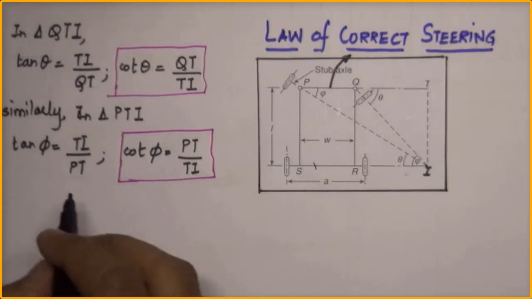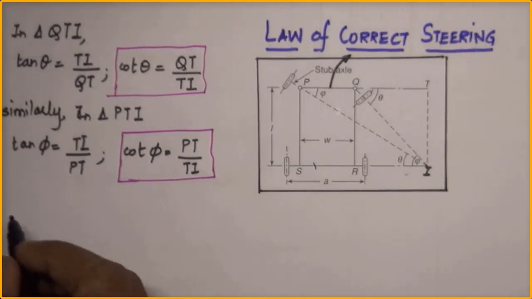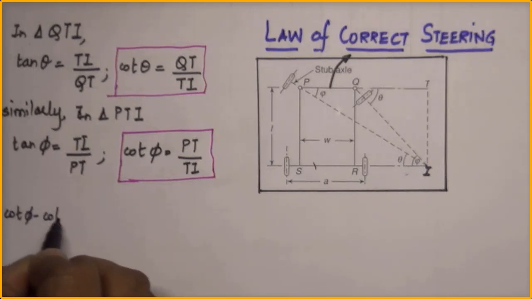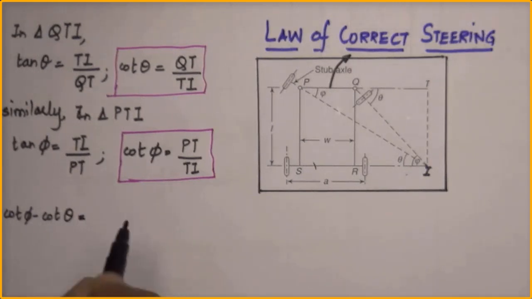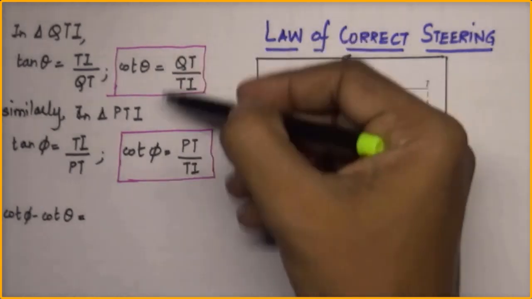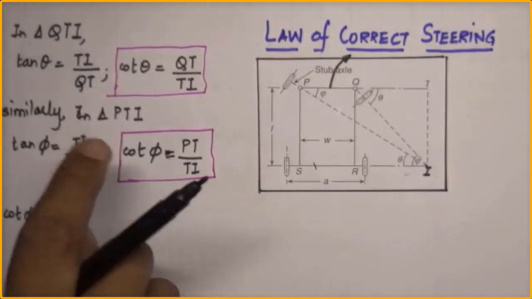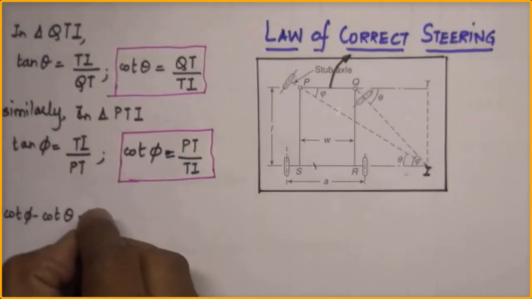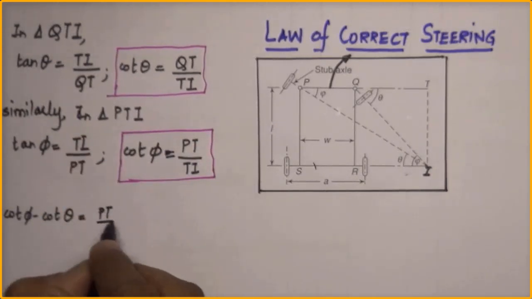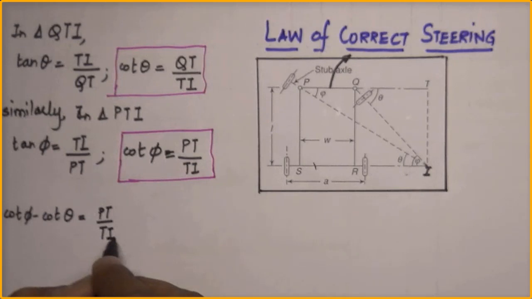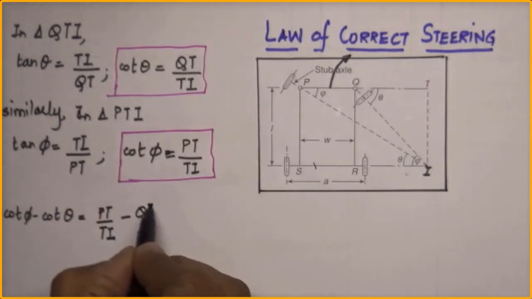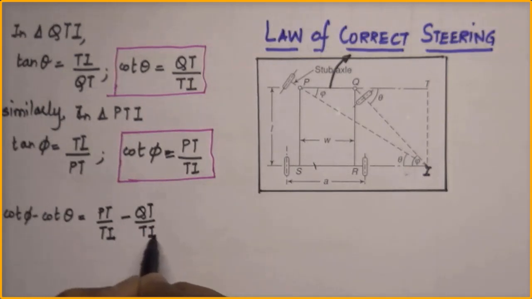Now, simply, randomly, consider the difference of cot phi and cot theta. Right now, you may not understand the reason why we have taken the difference, but if I just subtract the left hand side from the right hand side, we will have to subtract PT upon TI, right hand side of cot phi, minus QT upon TI, which is the right hand side of cot theta.